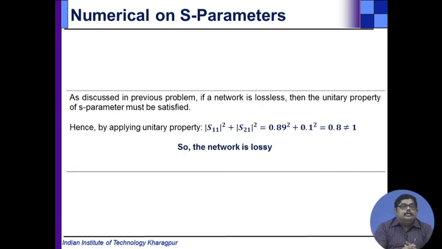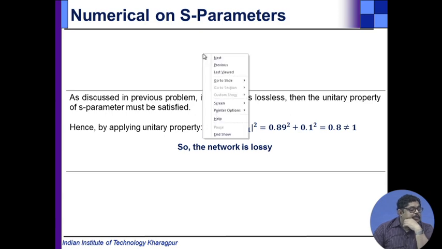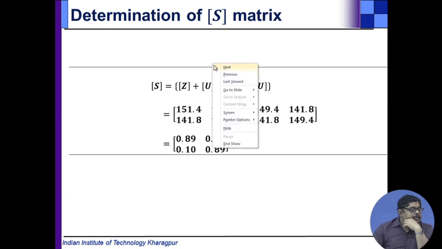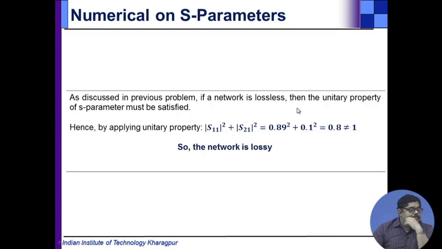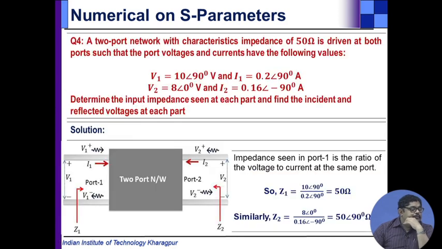Then the checking of whether the network is lossless. So, you again apply the unitary property and see it is not unitary. So, it is a lossy network, as obviously it should be, because the network was resistive. So, from that also you could have said that it should be lossy, but mathematically you will have to prove it, that is why these things.